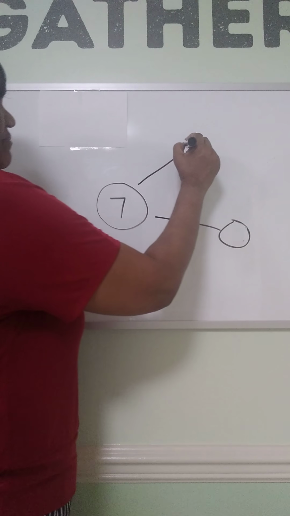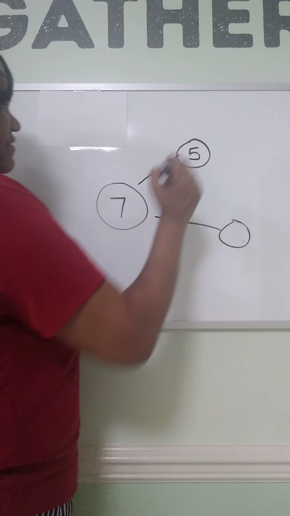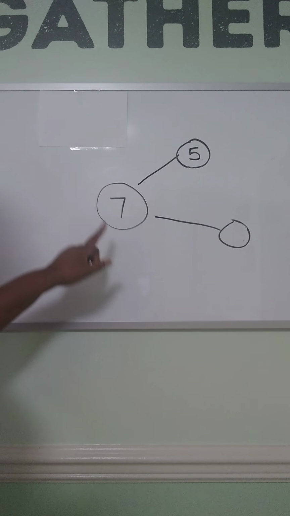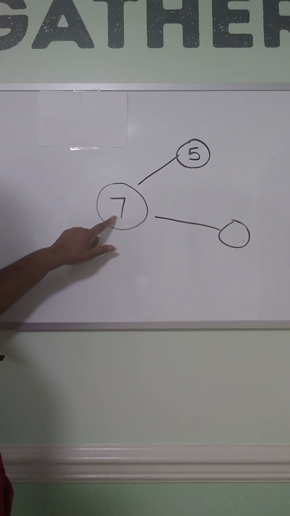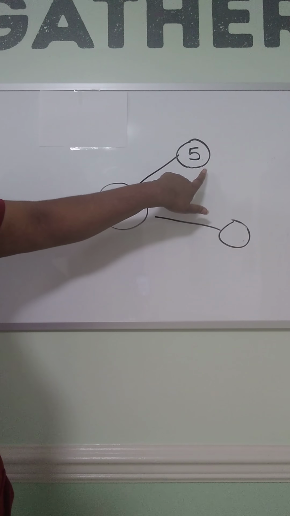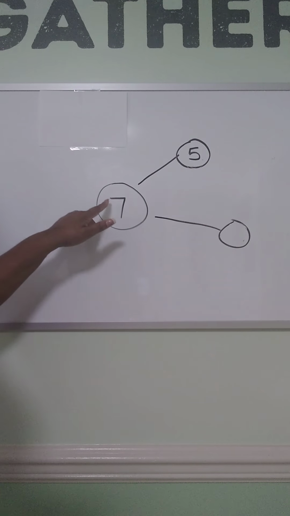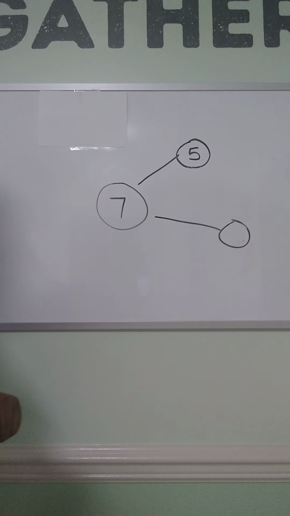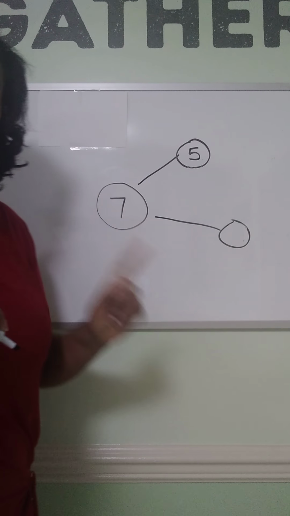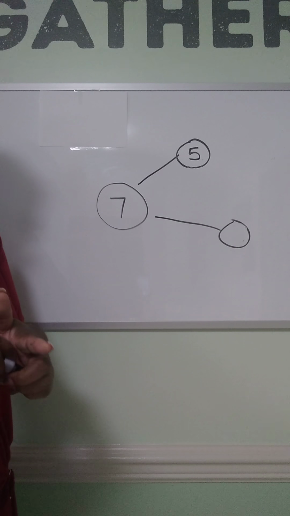We're going to put a 5. So we have a whole number of 7. In one of our part positions, we have a 5 in the top circle. So you have a 7 and a 5. Those are the 2 numbers that you concentrate on.